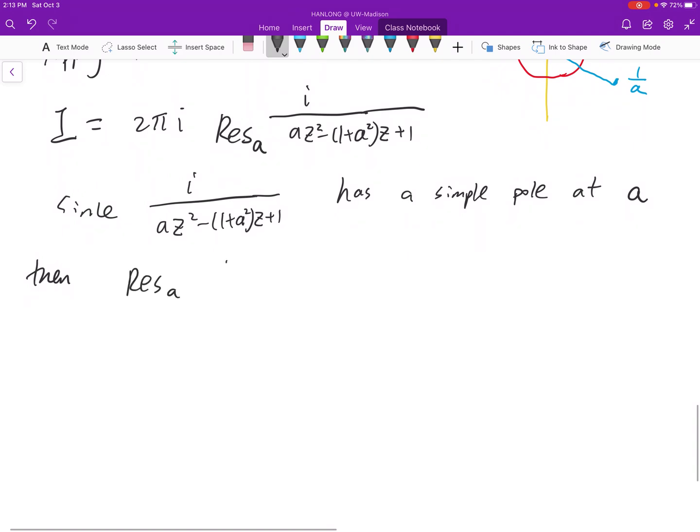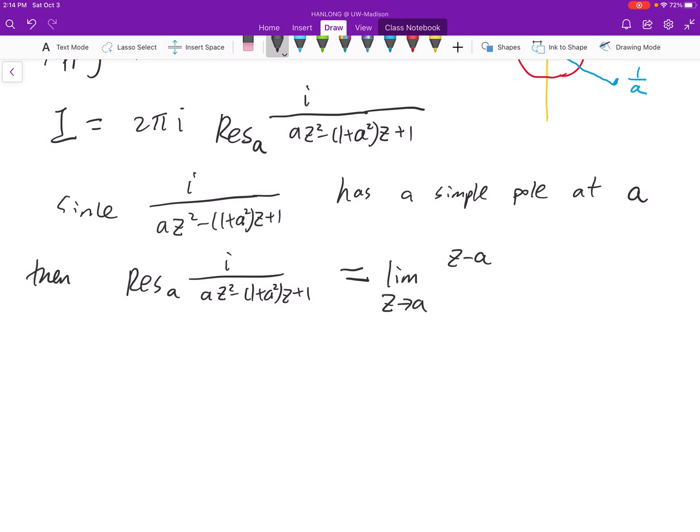We can transform the residue to a derivative. So this is the limit, zero's derivative, or just a limit, since you have a simple pole. If you have high order poles, then you need to take a derivative. We will give you another example later. Z minus a times i over (z minus a)(z squared minus 1 plus a squared z plus a).